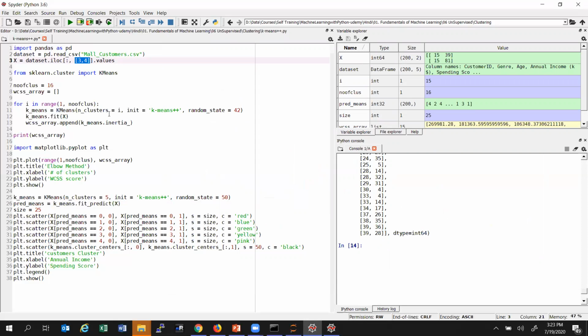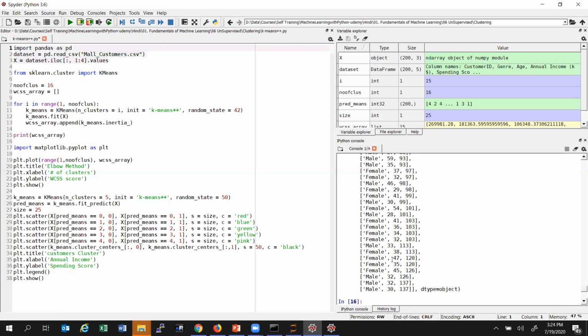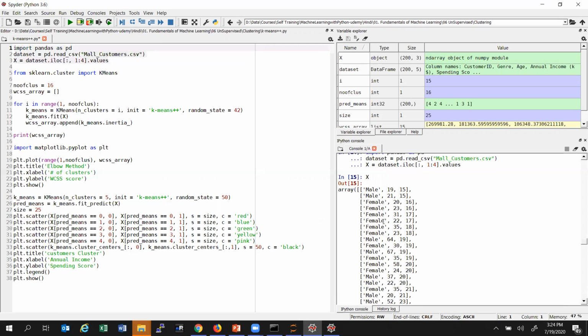You can try like this also. Data set one, leaving the first one and selecting till fourth. You give male, female like this, but you need to convert this now.